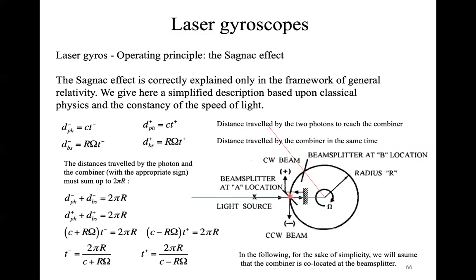It means that the beam that is moving anti-clockwise and the beam that is moving clockwise are going to do 2 pi r, so the entire length of the loop, and they are going to approach the detector with exactly the same frequency, because they are moving at the same speed. They are approaching the detector that is still.